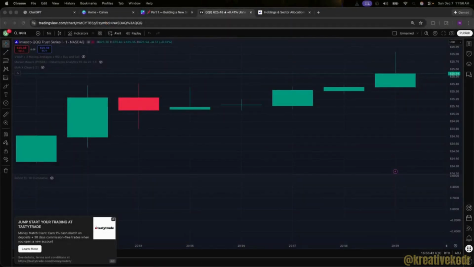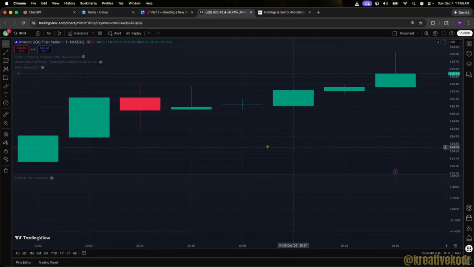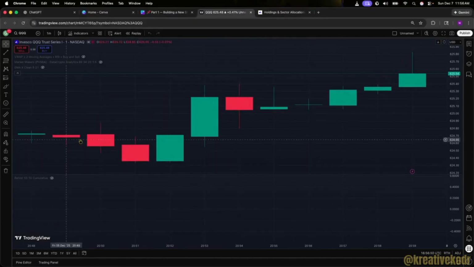Looking at the past 12 periods, I'm going to say that whenever the first two bars cross above the entire 12, we have a bullish signal, so we think the price is going to go up.